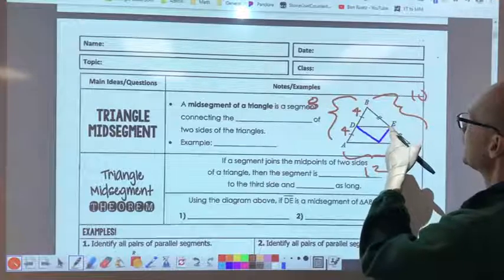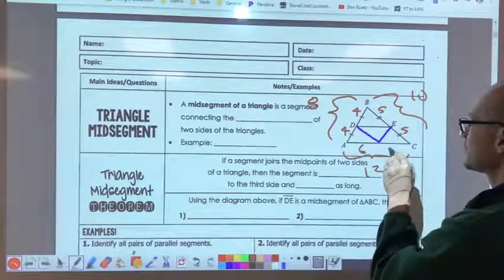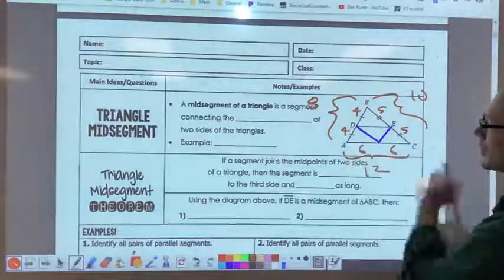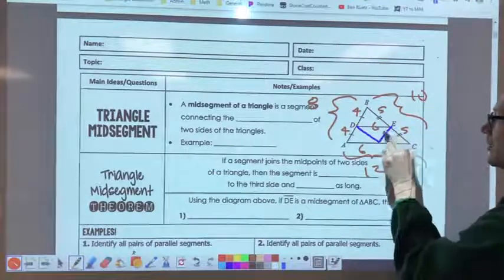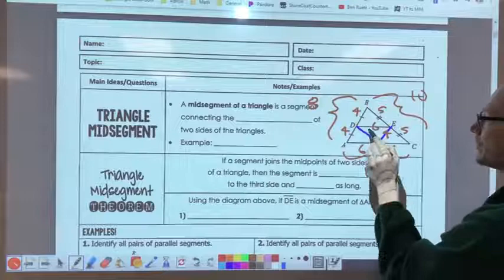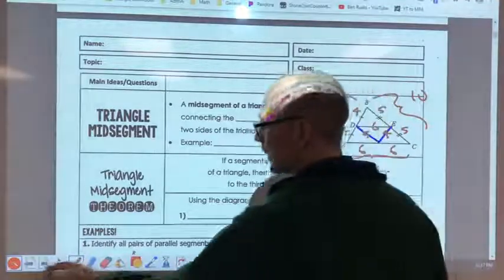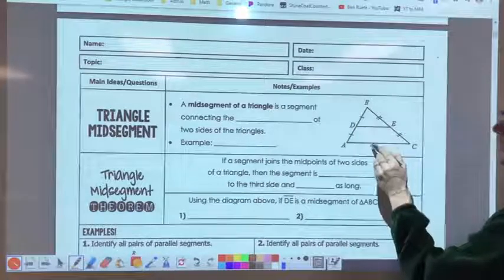That this right here would be 5 and 5. This right here would be 6 and 6. Well, that means if these are all similar triangles, this is 6, this is 4, and this right here is 5. Let me clear all of this stuff away and boil it right down to gravy.